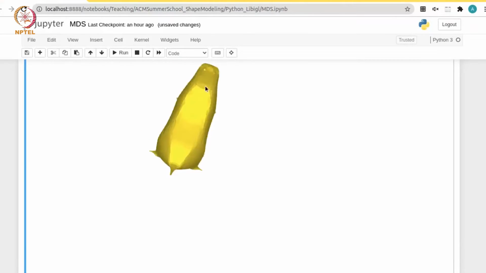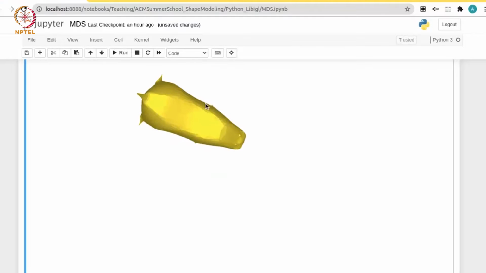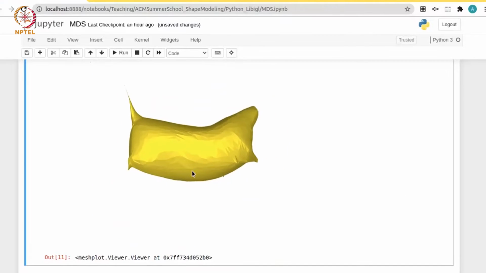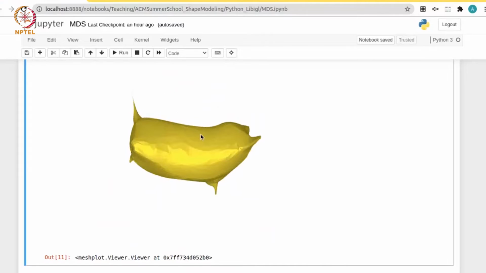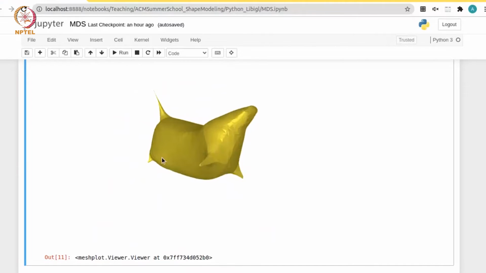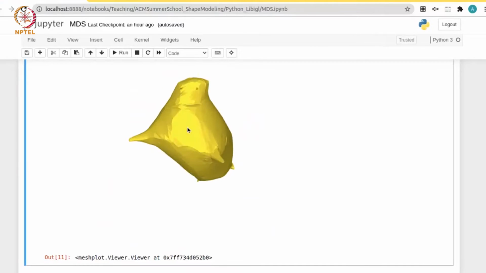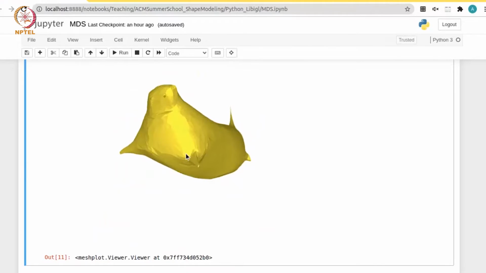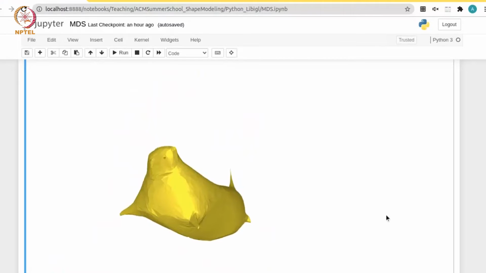And this is the first one, and this is the second. Again, there's very little resemblance with the original cat mesh, but you can spot the eyes, the four limbs, and the tail. More importantly, remember the idea is not to preserve the cat shape. The idea is to preserve the distances, out of which you should be able to do a rigid comparison between this and this.